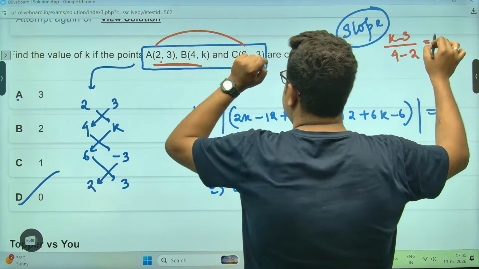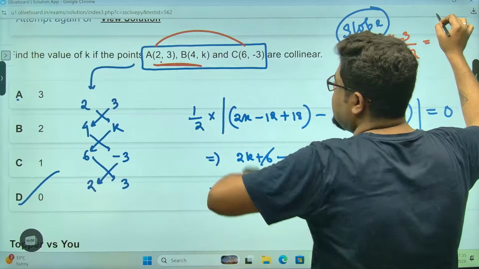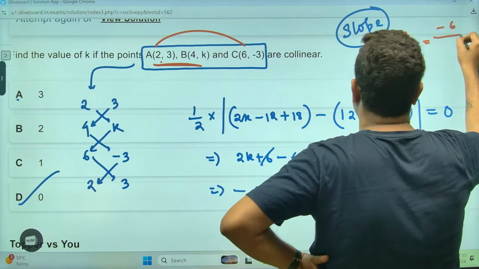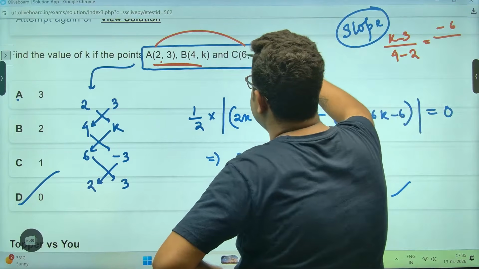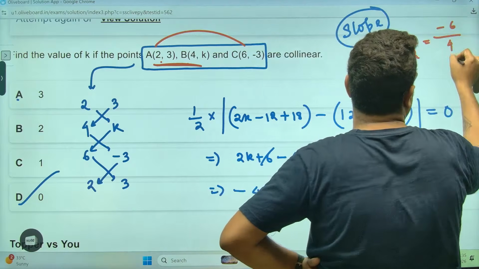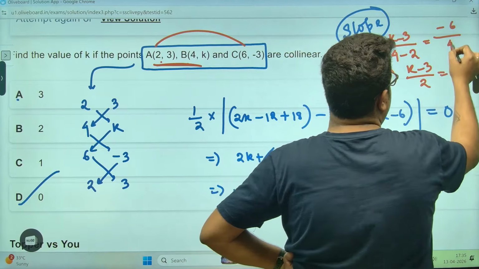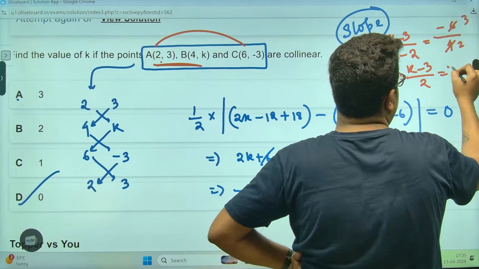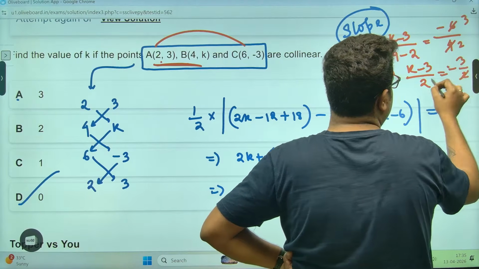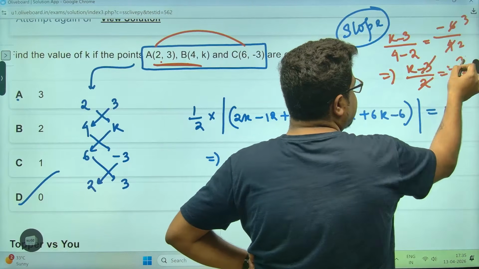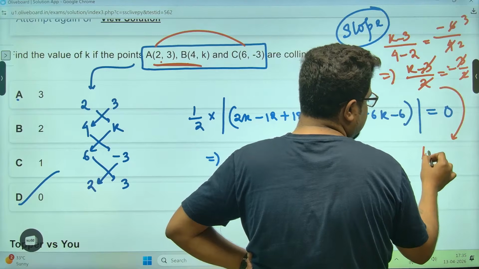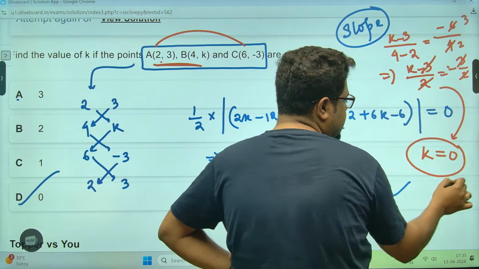Take A and C: slope is minus 3 minus 3, minus 6, by 6 minus 2, that is 4. So k minus 3 by 2 equals minus 3 by 2. Minus 3 cancels, and here also you get k equal to 0.